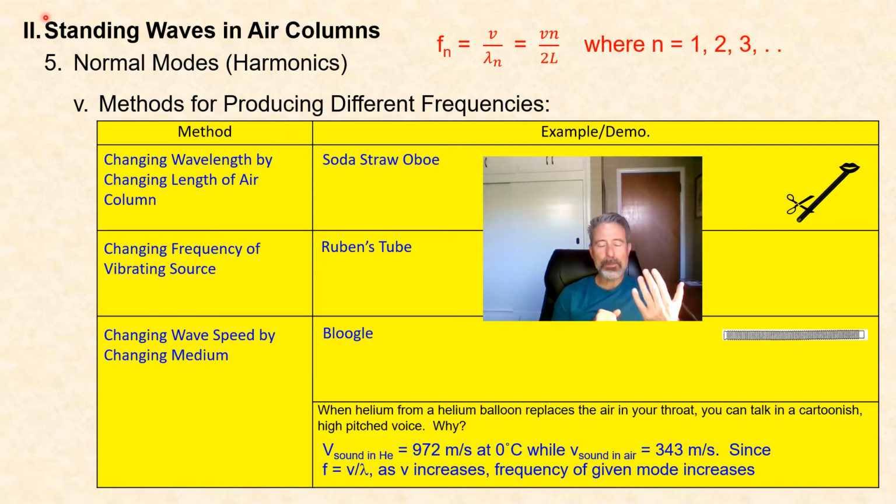So by replacing the air in your throat with helium, where the speed of the wave gets about 3 times faster, the frequencies of the sounds that are produced by your vibrating vocal cords will be much higher. So in the next slide, let's take a look at some of these examples in action.